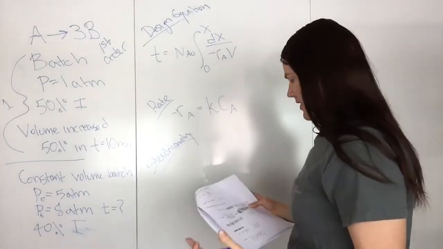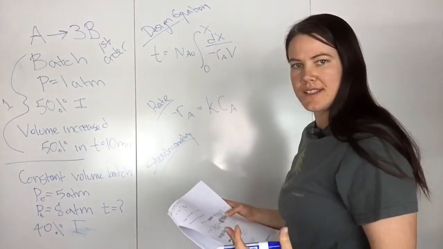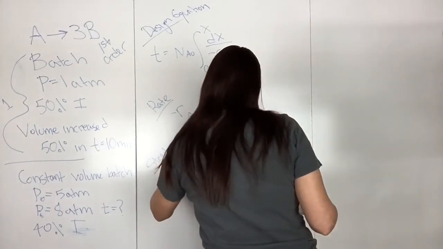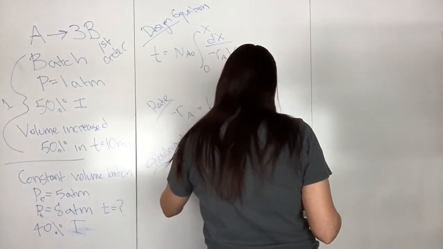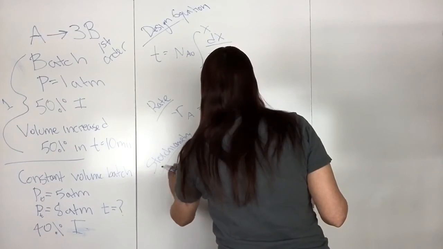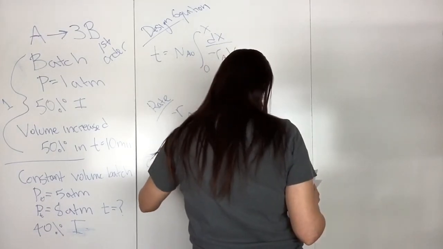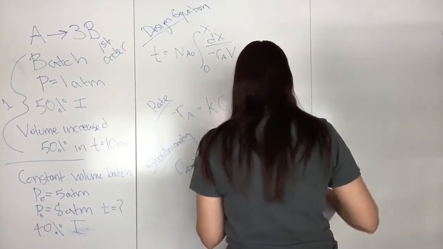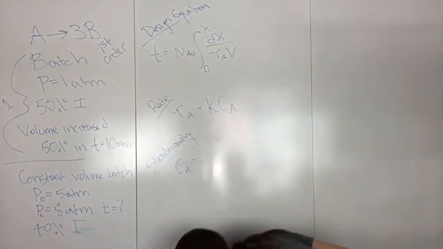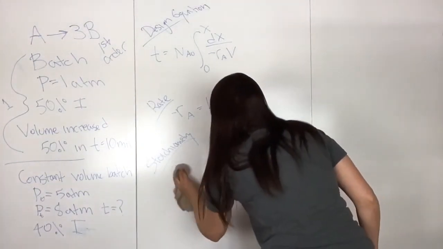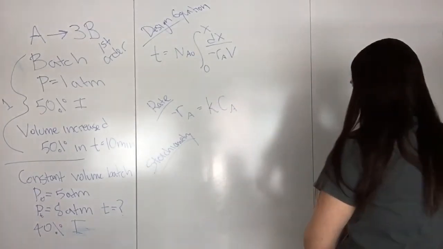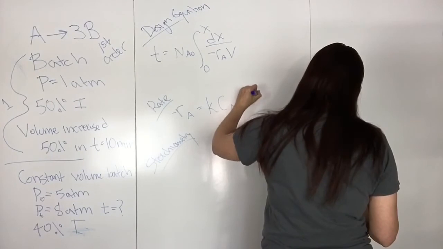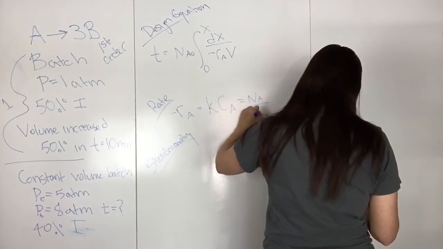And since the volume changes in this, we need to account for that. So we have CA is equal to, actually I'm going to use Na instead of CA to start out. So this can also be written as Na over V.